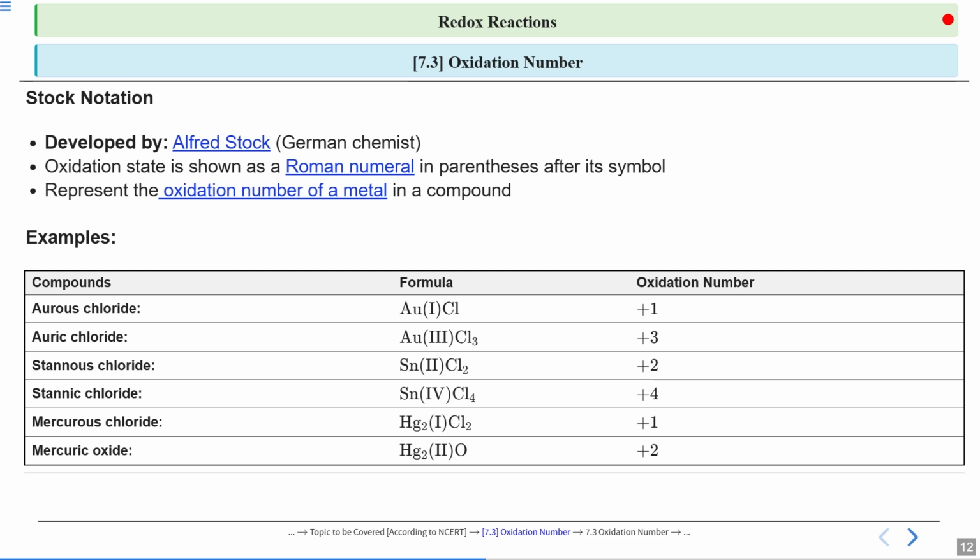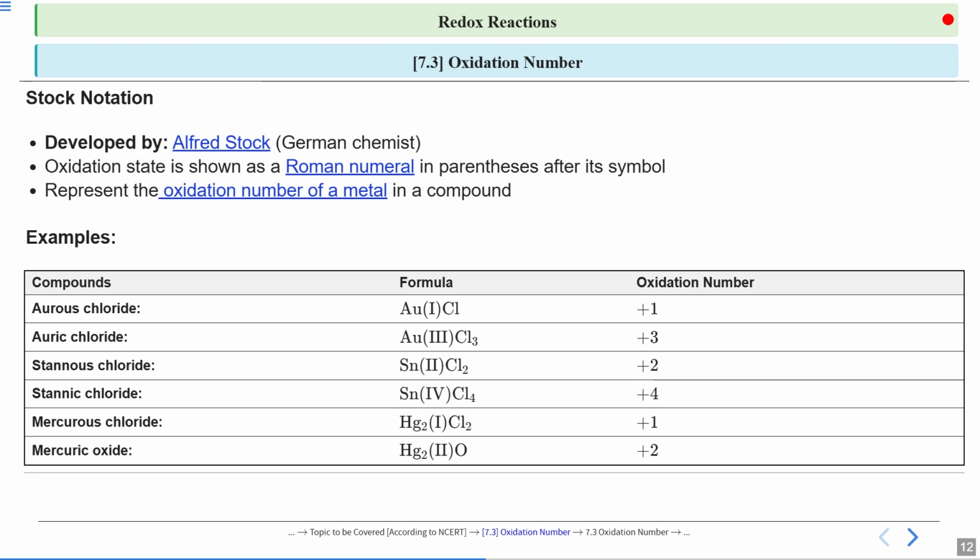Now, if we look at aurous chloride and auric chloride and find the oxidation state, we will find that there are +1 and +3 oxidation states of the metal. So we have written the oxidation states behind them in Roman numerals.